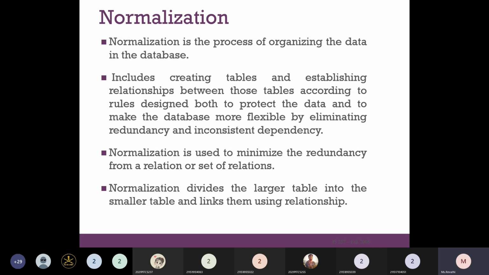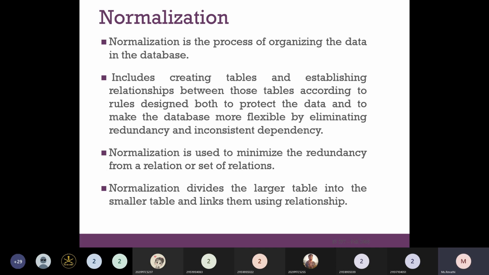In general, we can say that normalization is used to minimize the redundancy in your relation or a set of relations. Normalization divides the larger table into smaller tables and links them using a relationship.